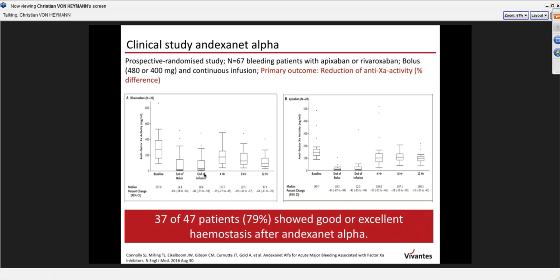This may indicate that we may need a higher dose of andexanet alfa to reduce the anti-factor Xa activity induced by rivaroxaban compared to apixaban. So, andexanet alfa will probably be effective in low molecular weight heparins and the Xa inhibitors, but the specific substances may need specific dosages of the antidote to be sufficiently inhibited or reversed.